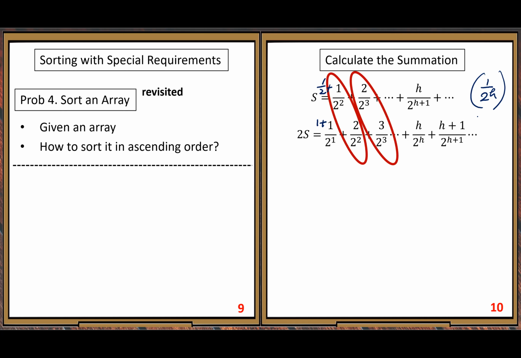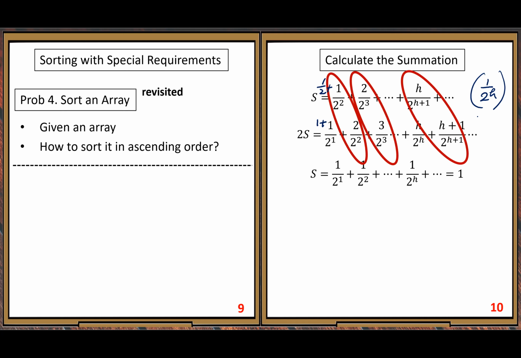You can see the second line's numerator is 1 more than the first, and that's true for all the diagonal pairs of like terms. Then we do subtraction: the bottom line minus the upper line.